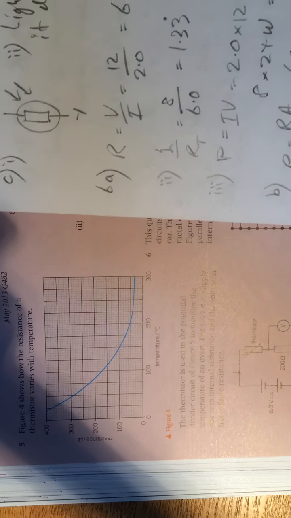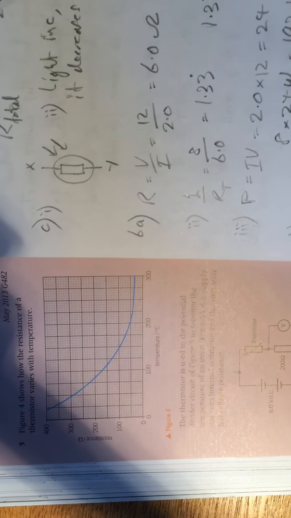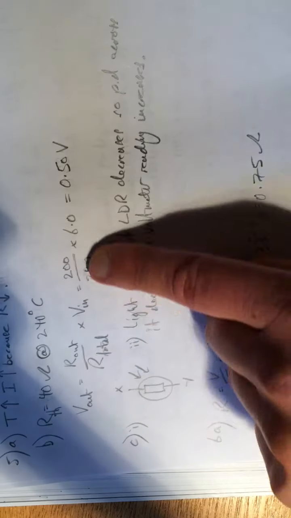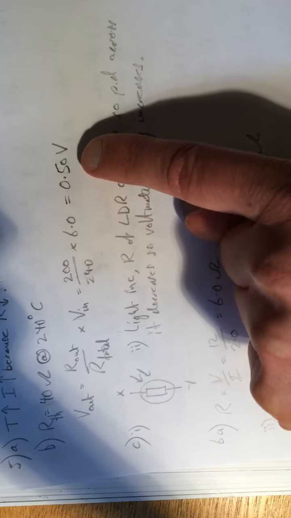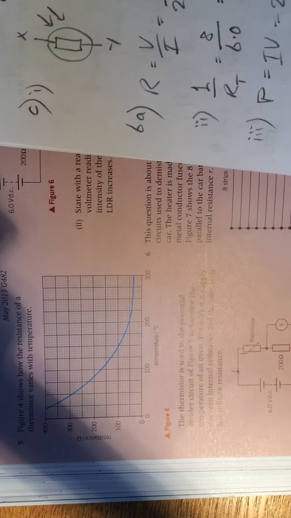Calculate the voltmeter reading when the temperature is 240 degrees C, where the thermistor is 40 ohms. Now, we can use the potential divider equation here to get our voltmeter reading. That's the V out essentially.